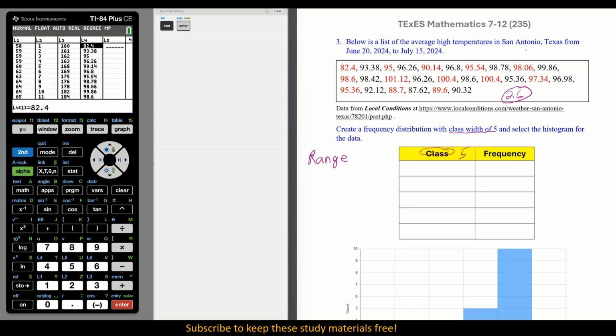All right, so let's double check that we have a total of 26. I'm going to arrow up, 1, 2. And if you look, the last piece of data is the 90.32. And if you go over to our measuring column, L2, it is 26.